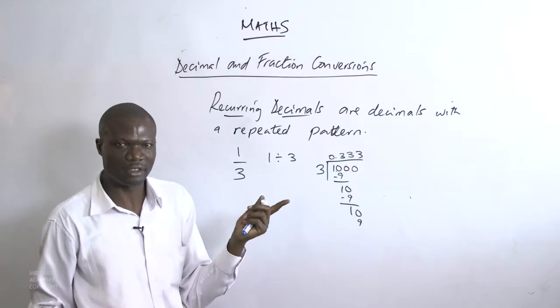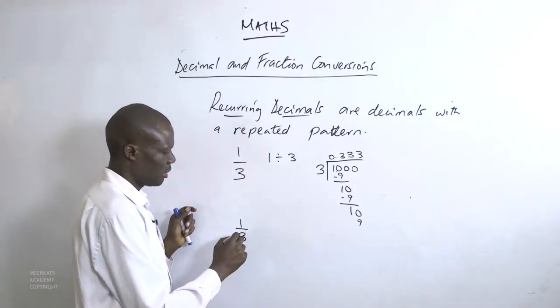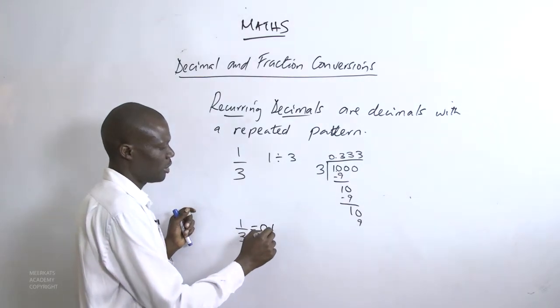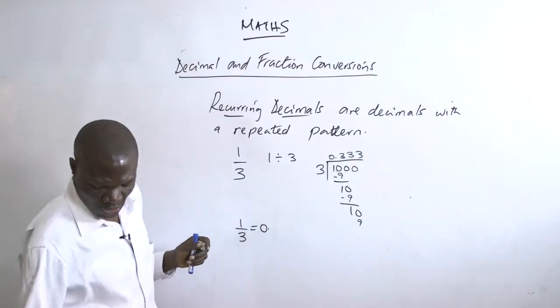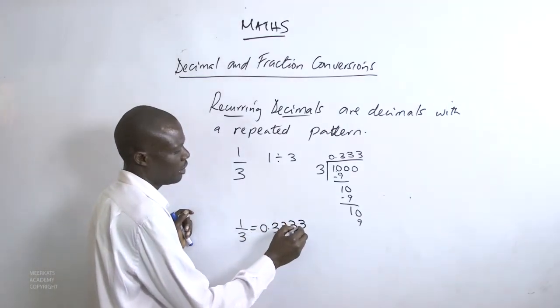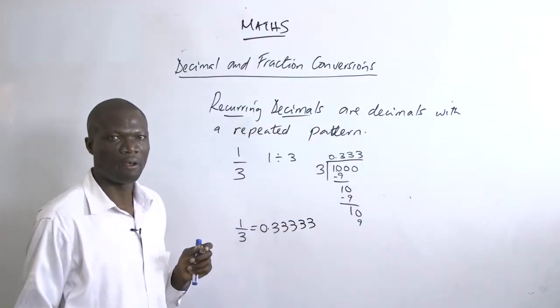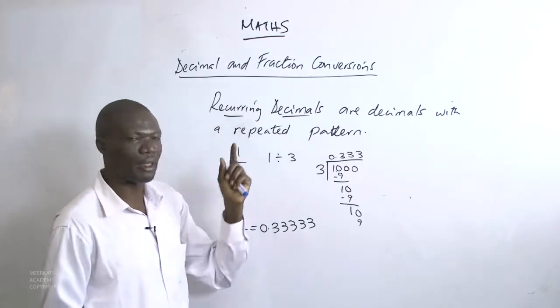It is endless, which means 1/3 is the same as 0.3 repeated. So we have a repeated pattern of 3, 3, 3, 3, and so on. This is what we call a recurring decimal.